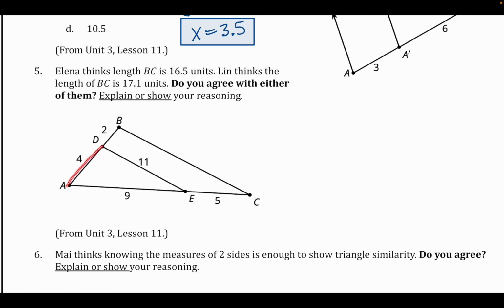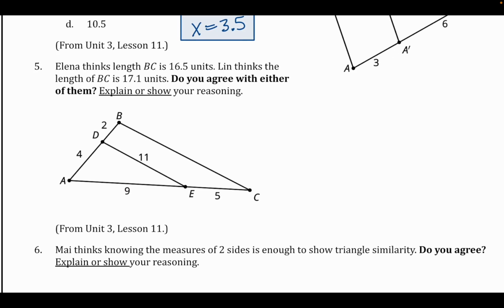So they were probably comparing 4 to 6, and then using that to compare 11 to this one. But because both proportions are not the same, we can't really even compare 11 to what the other side should be. So I disagree with both.